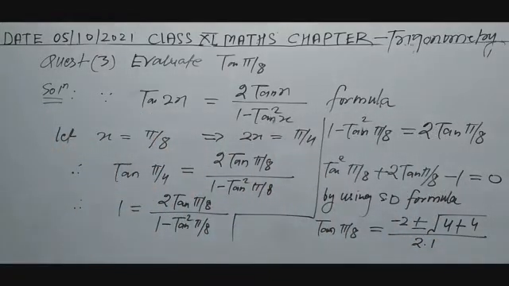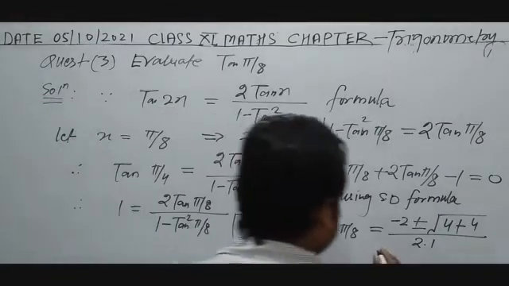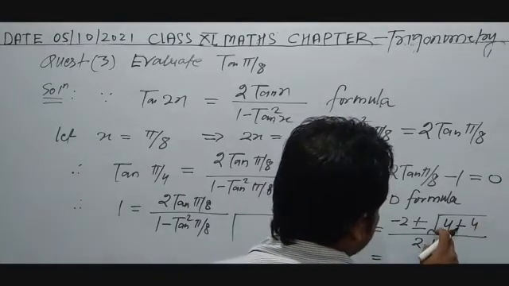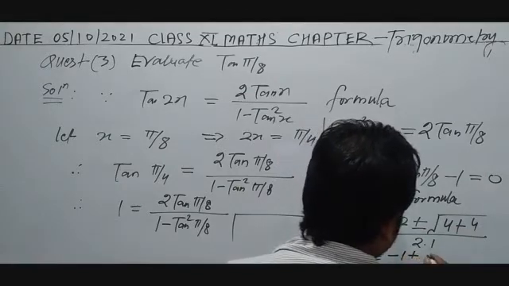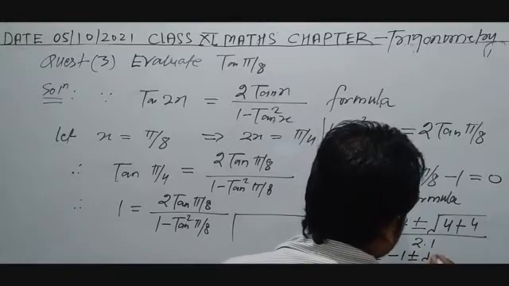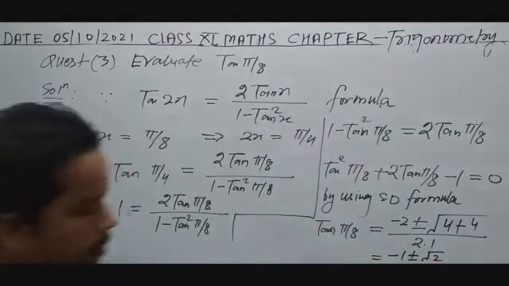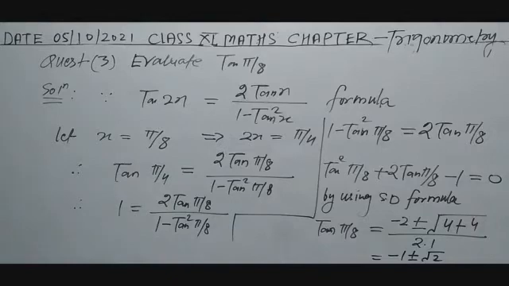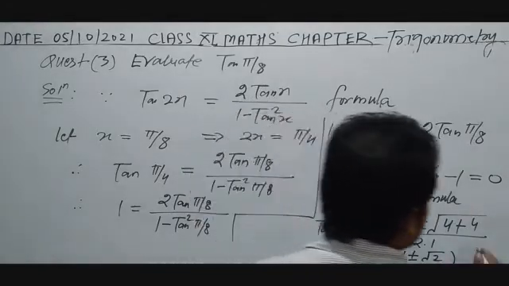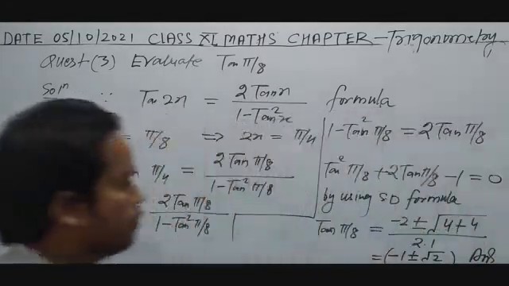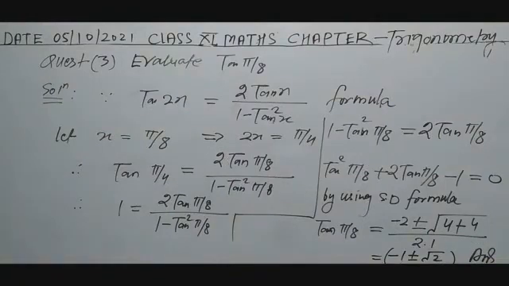So the result will be 4 plus 4 is 8, and this 8 means 2 root 2, and 2 will cancel out. So minus 1 plus minus root 2, this is the answer. Means the first answer is root 2 minus 1 and the second answer is minus root 2 minus 1.